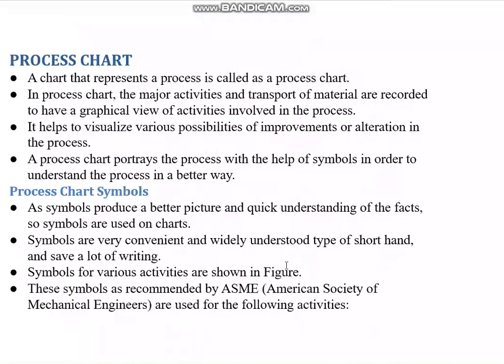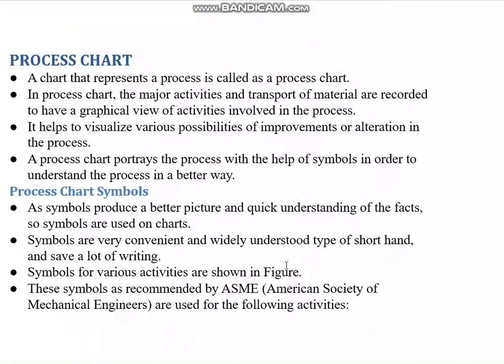Next, let us come to the first one, that is process charts. So what are these process charts? These process charts represent the process. The name itself shows it is a process chart, so it shows the process.